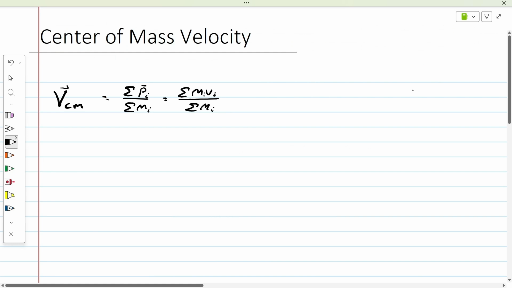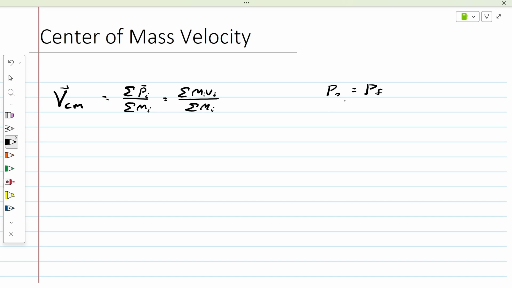Center of mass velocity is just the sum of the momentum divided by the sum of the masses, which we can break up into the mass times velocity, summing those, over the total mass. We can actually get this just by using conservation of momentum, because we know that P initial equals P final.